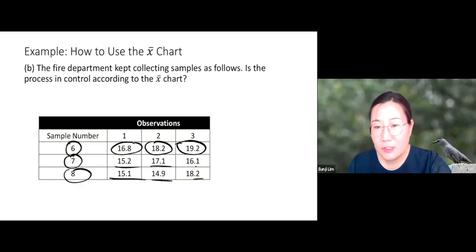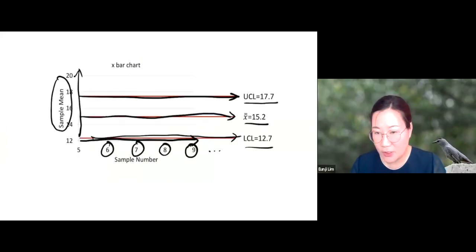Now, I want to use this X bar chart to see if the process is still in control or out of control. So for this part, you don't need to compute the upper control limit or the lower control limit again with these samples. We already have the X bar chart.